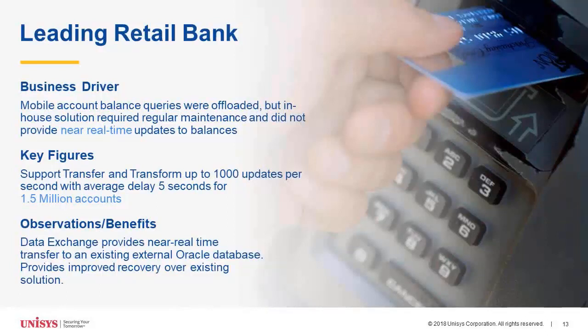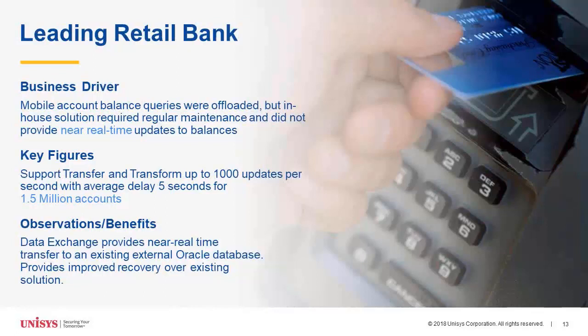This is a brief case study of a leading bank that is using Data Exchange in production, as several of our clients are. They were trying to handle the additional load caused by one of their digitization initiatives, which required mobile account balances to be offloaded. But the challenge they were facing was that they were not able to get near real-time updates to their balances.